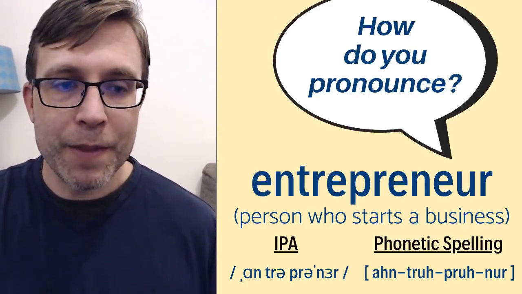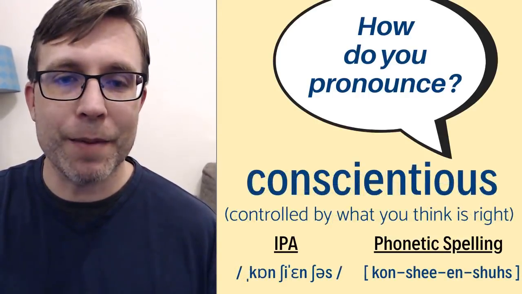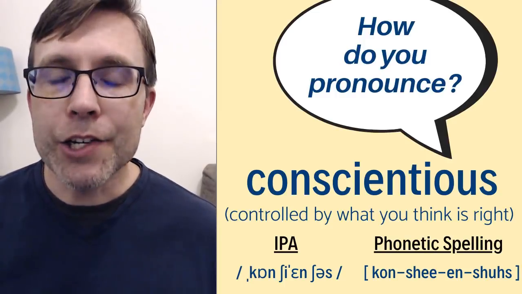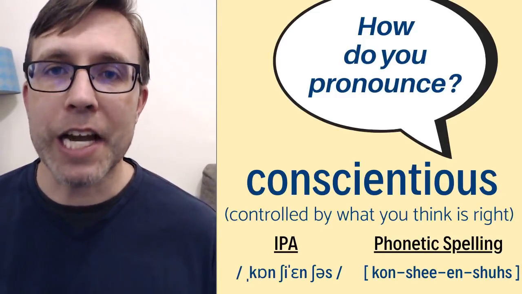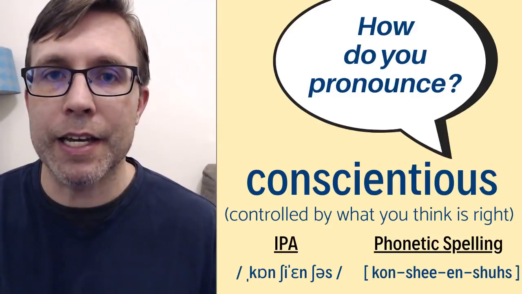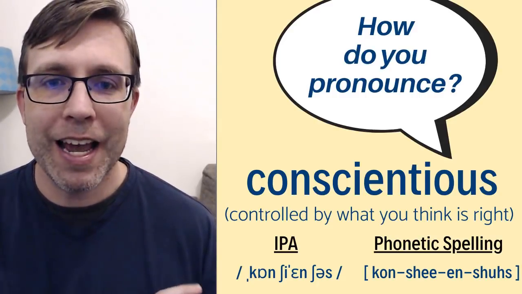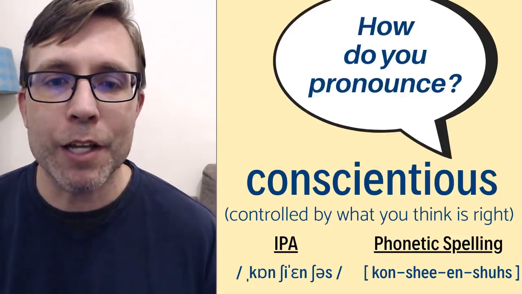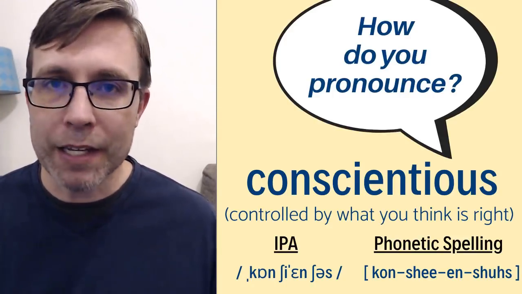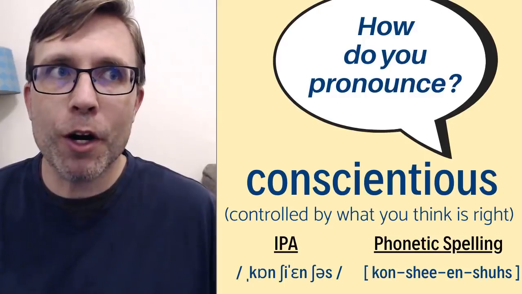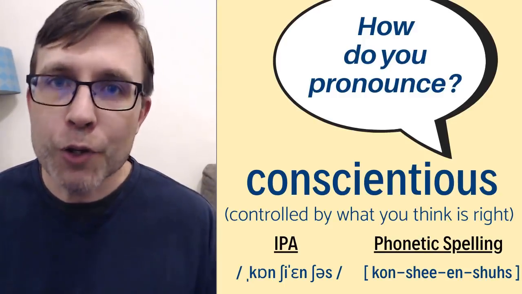All right. The next word, somebody mentioned, conscientious. I think this word is difficult to pronounce because of the way it's spelled. And that spelling can really throw people off. What it means is that you are controlled by what you think is right.